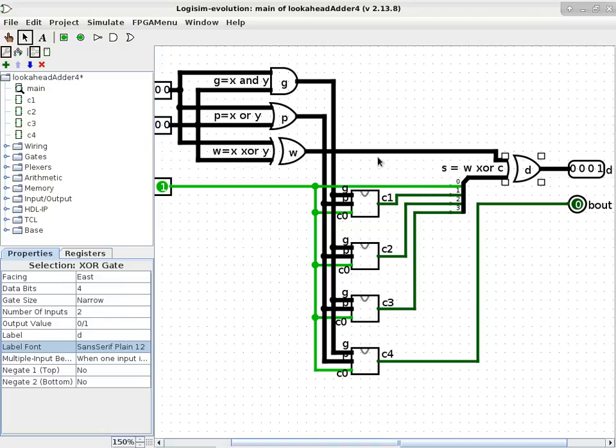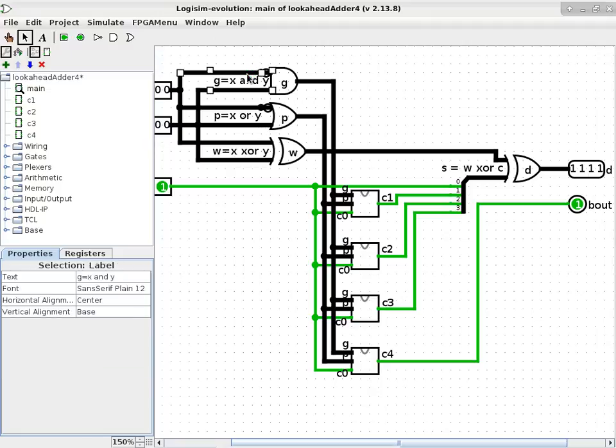All right, so I got most of these things done, and then the only thing left to do is to change the G and the P's. Okay, you have to negate the first input, the X, and you're done. So we have to go here and say negate the top, yes, and then we go here and say we want to negate the top. And if you don't like this because it's not looking good, you can always just go ahead and change that. It's selecting more than it needs to.